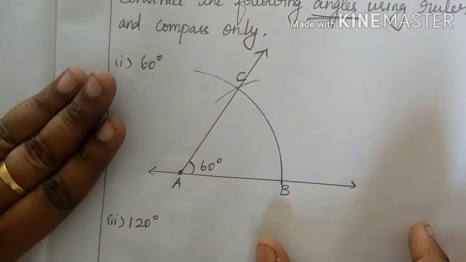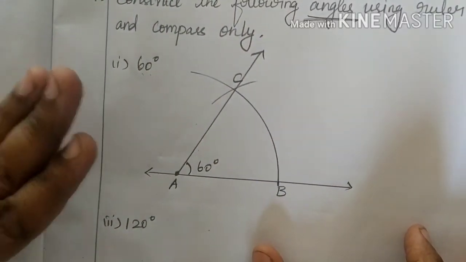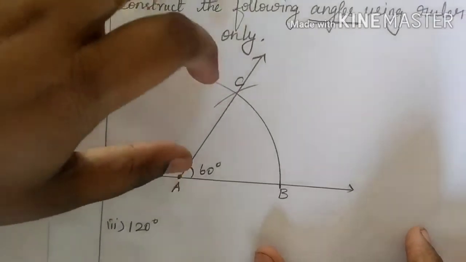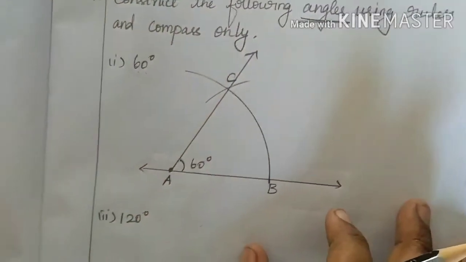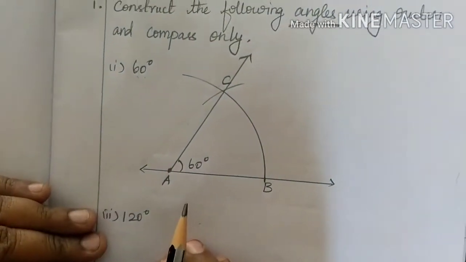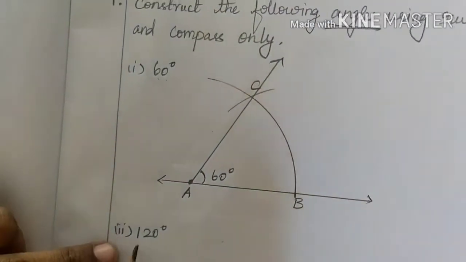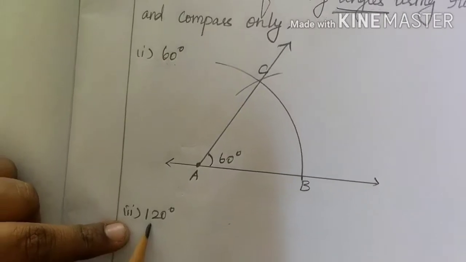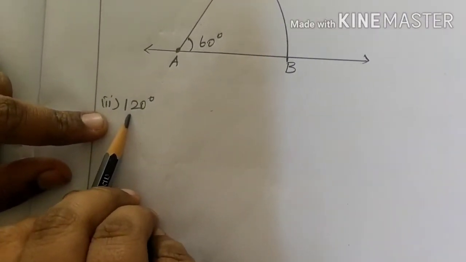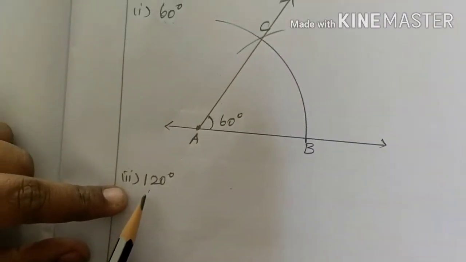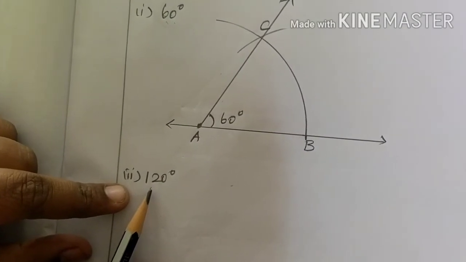Children, in this one you must know one thing. We draw 60 degrees with only one arc. I know that 60 degrees is an acute angle, so with one arc from B we get the 60 degree angle. But in the next sum they have given 120 degrees. What angle is 120 degrees? Obtuse angle.